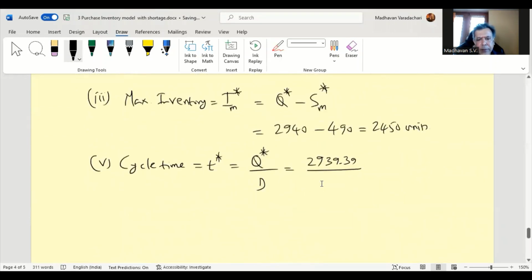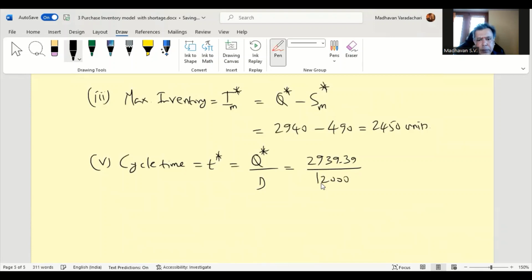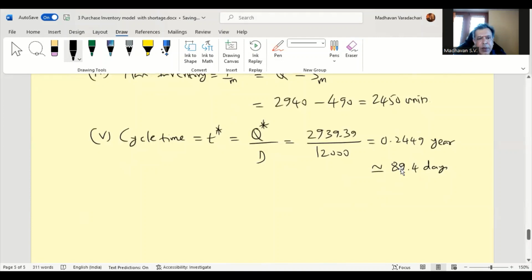Yes, 12,000. Let us calculate this. 2939.39 divided by 12,000, we get 0.2449 in terms of year, and we will round it off to days. Multiplying by 365, we get 89.4 days approximately. That is your cycle time.